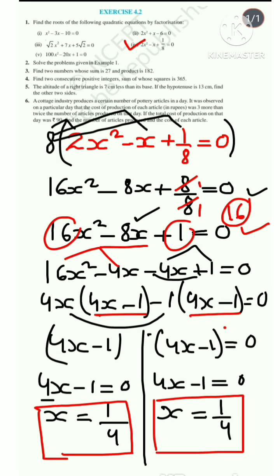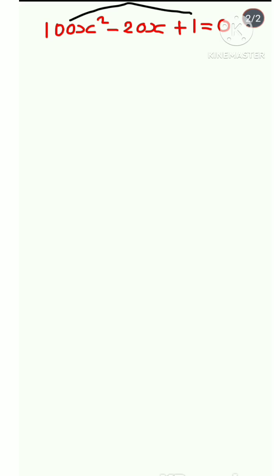Now last question, question number 5. For that let's proceed to the next page, and our question is 100x square minus 20x plus 1 equal to 0. Firstly, 100 into 1, we obtain 100 itself.